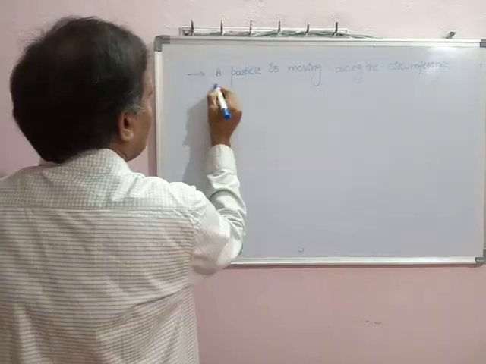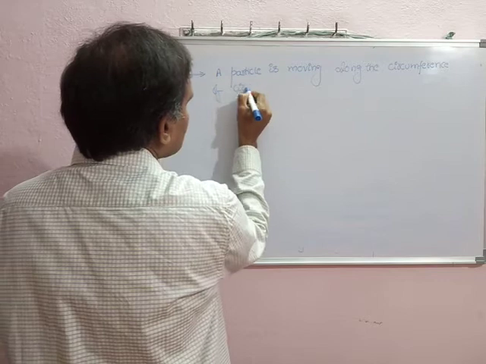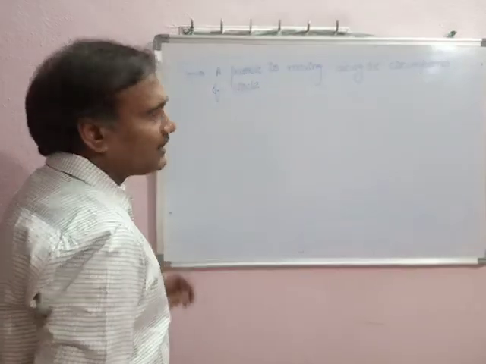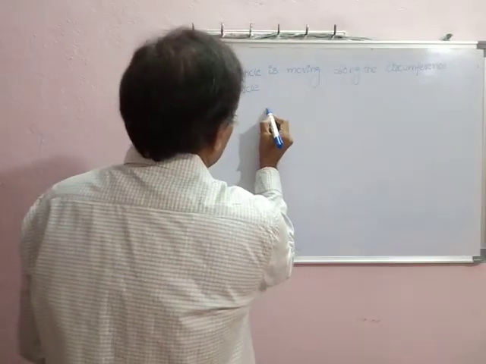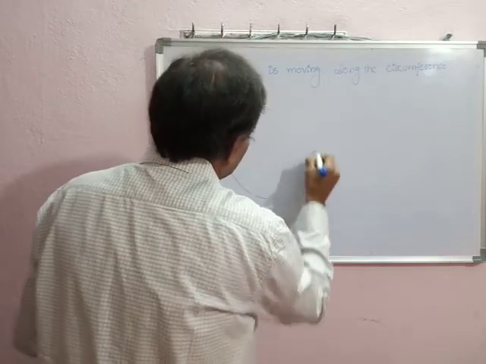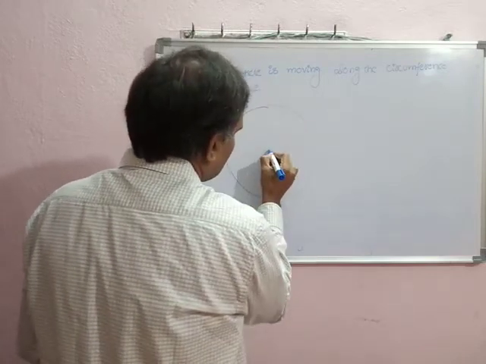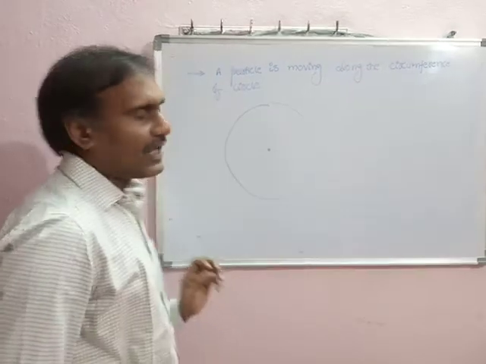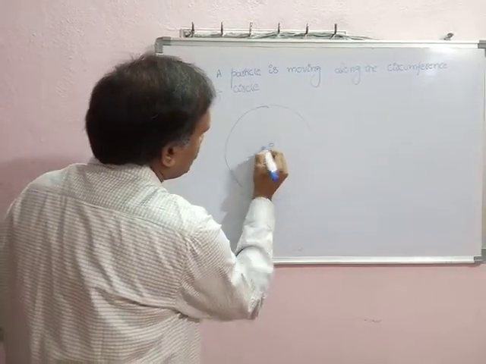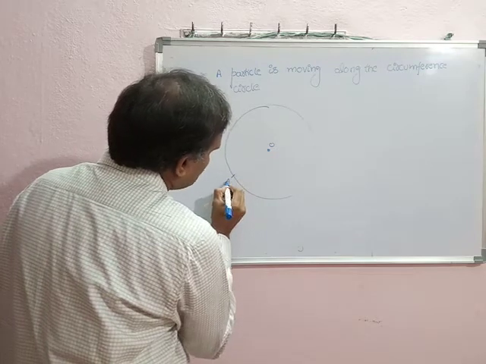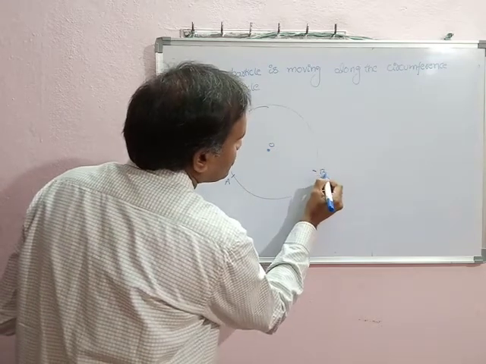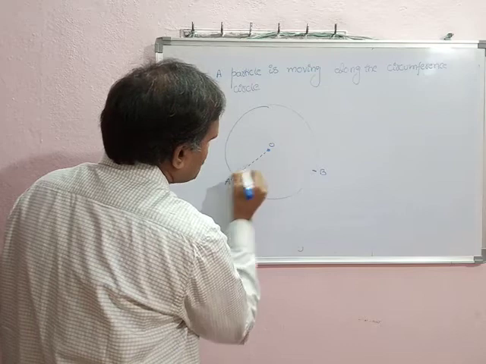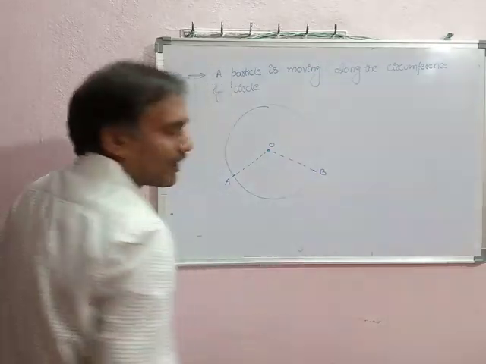Let us consider that the circle is this and its radius is r. Now it wants to travel from point A to point B.